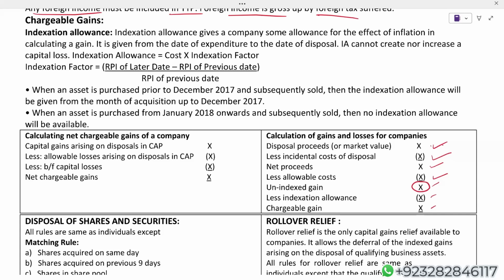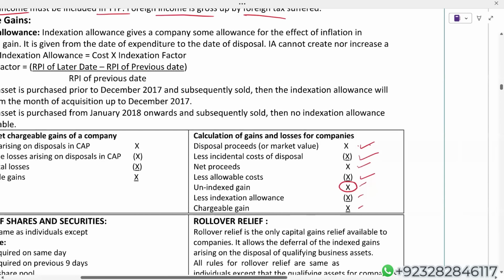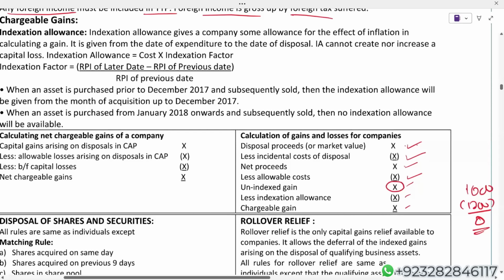If instead of an unindexed gain, there's already a capital loss, then from the capital loss you cannot deduct indexation allowance to increase the capital loss. So indexation allowance cannot increase capital loss, number one. Number two, it cannot create a capital loss either. For example, the unindexed gain is £1,000. Assuming indexation allowance is 1200, from 1000 I'll deduct 1200, but I'll be writing 0. Indexation allowance cannot increase as well as create a capital loss.